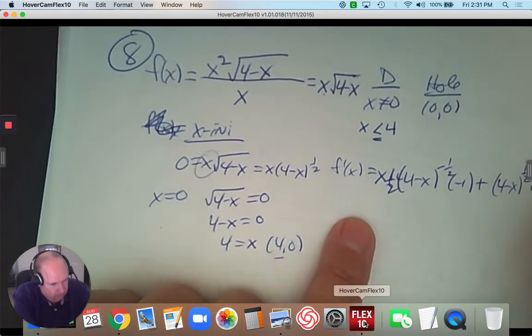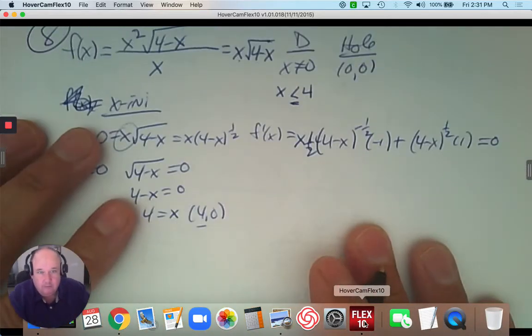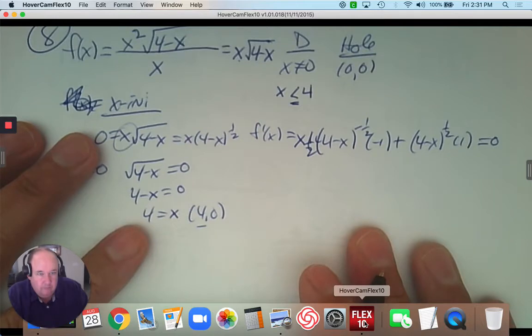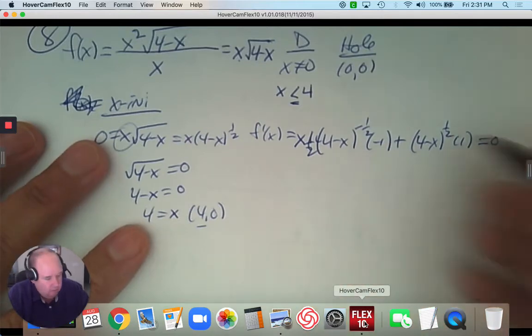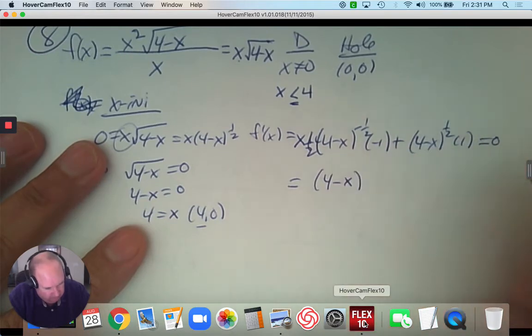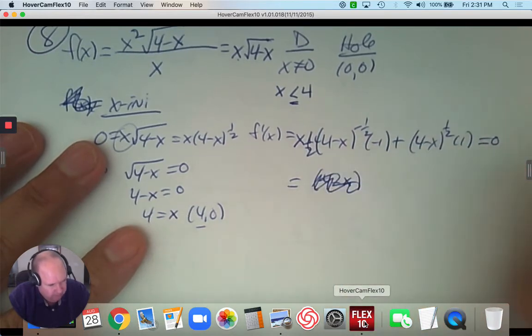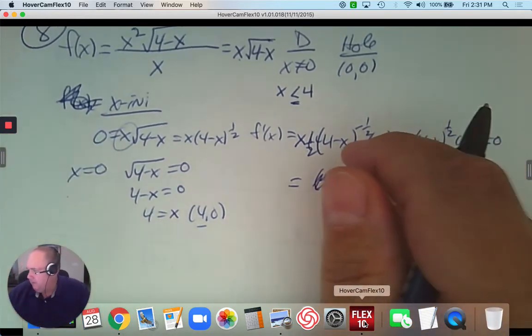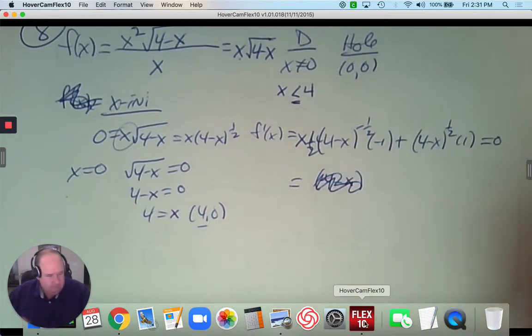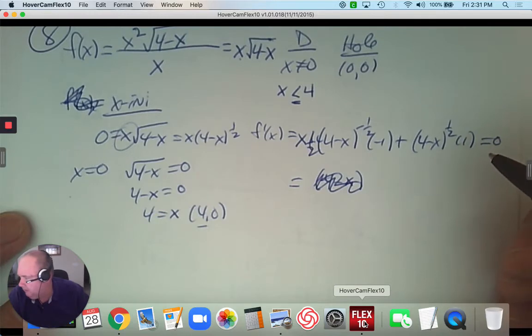And make that equal to 0. So we're going to factor out a 4 minus x. Oh no, what are we going to do here? Let's see what we're going to do. Make sure I don't lead you down something you shouldn't do. All right, let's write this as one fraction.